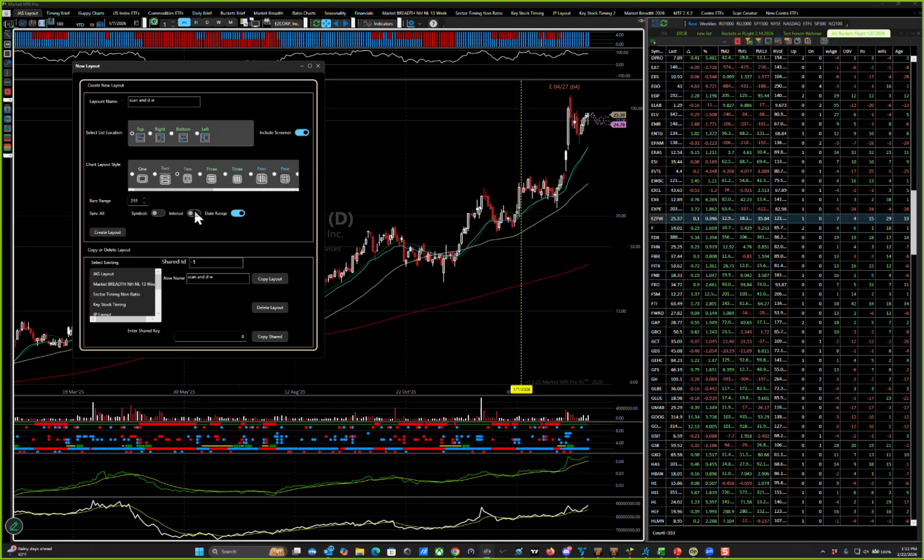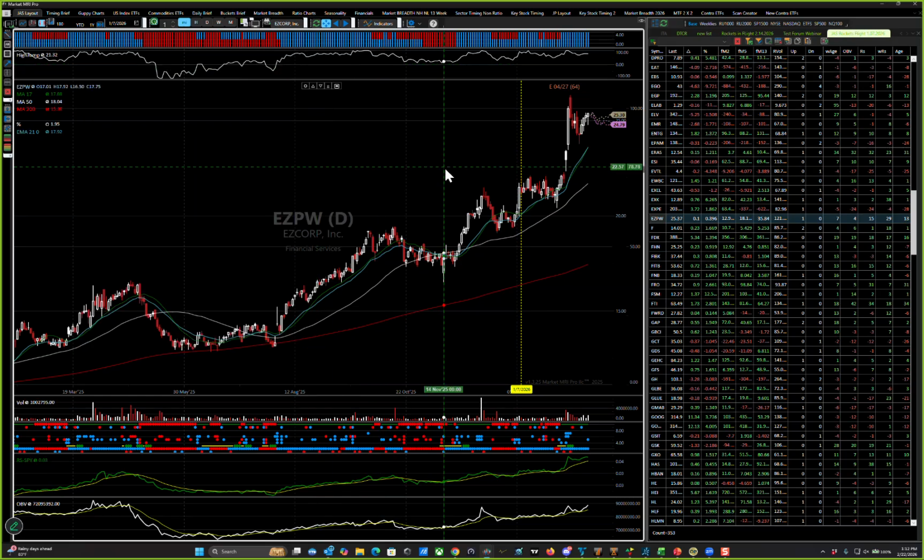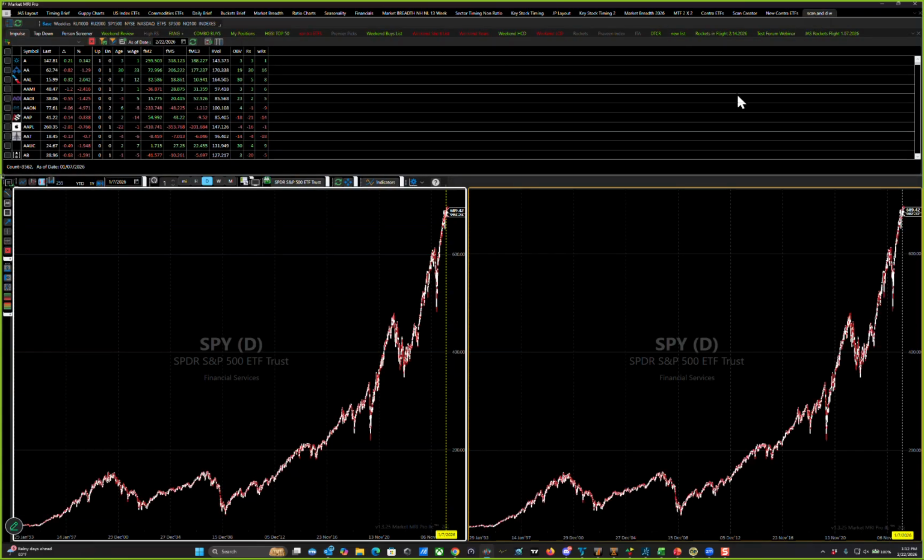I want to link them by signal, not interval. I never know if that should be on or off. I'm going to create the layout. All right, so here's my new layout.